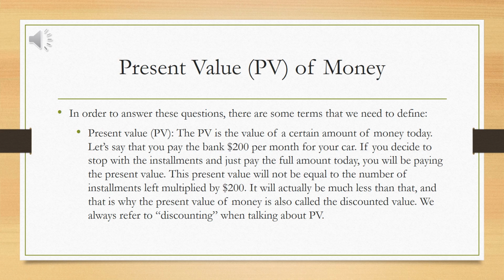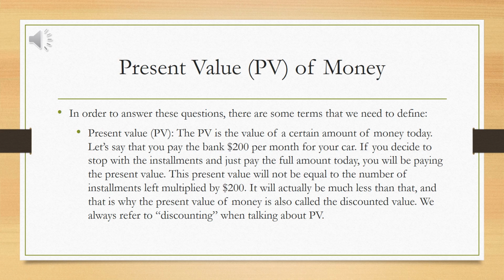Present value of money. The present value is the value of a certain amount of money today. Let's say that you pay the bank $200 per month for your car. If you decide to stop with the installments and just pay the full amount today, you will be paying the present value.